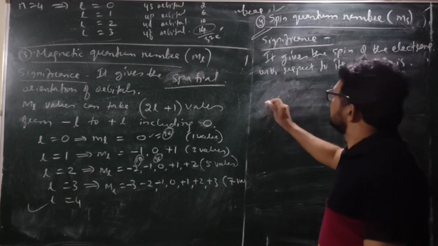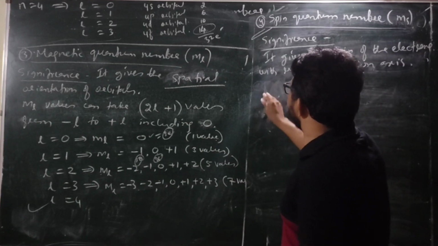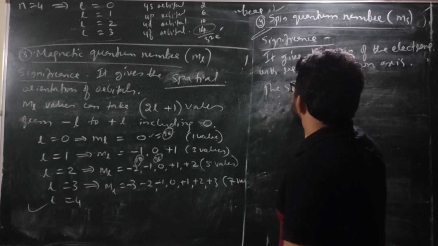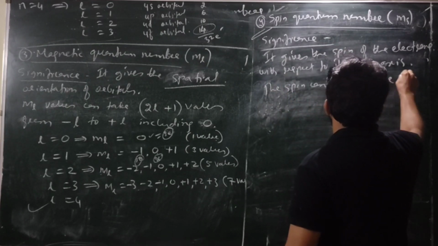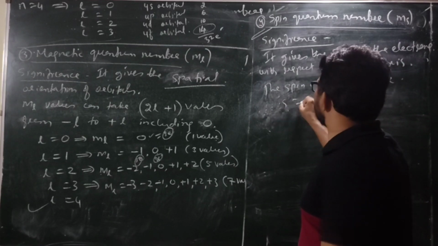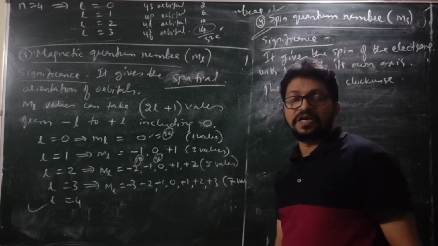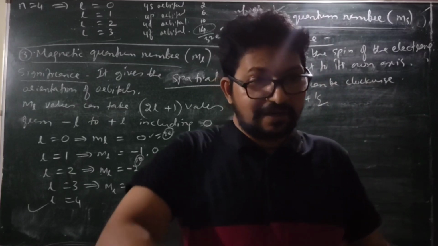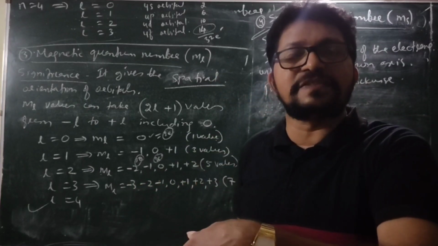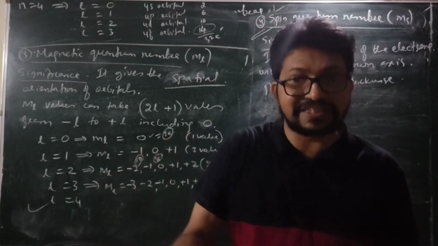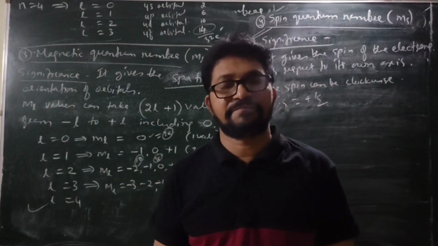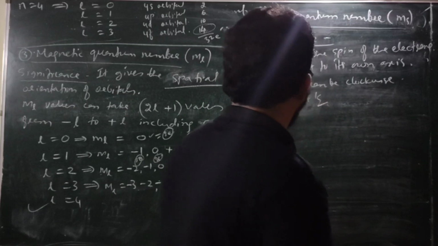So, the spin can be clockwise, S equal to plus half. Why half, you have understood now? Pichhe mud is a 180 degree spin, which is half. If someone spins 360 degrees, that is one full spin.